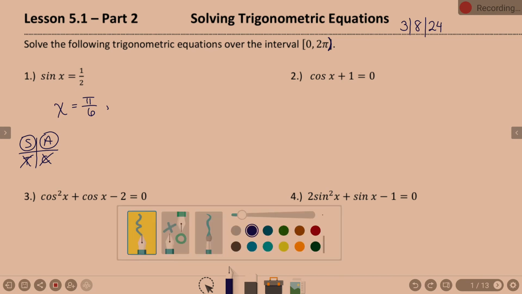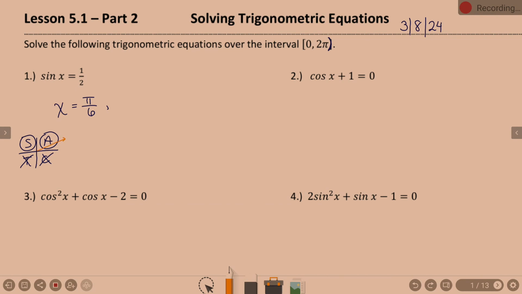Now, here's the deal, guys. What did you say the first quadrant answer was? You said pi over 6, yes? We're looking for the answer in the other positive sine quadrant, which is the second. That is the equivalent angle, and when I say equivalent angle, it has the same distance from the x-axis.